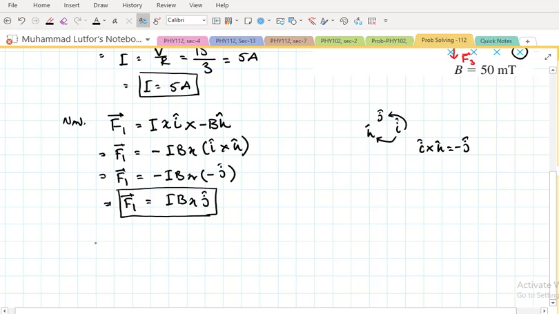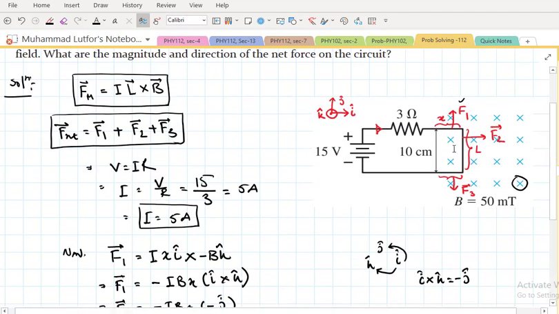Fine. Now F2 I can write, so F2 would be I into L cross B. F2 is basically this one, right?